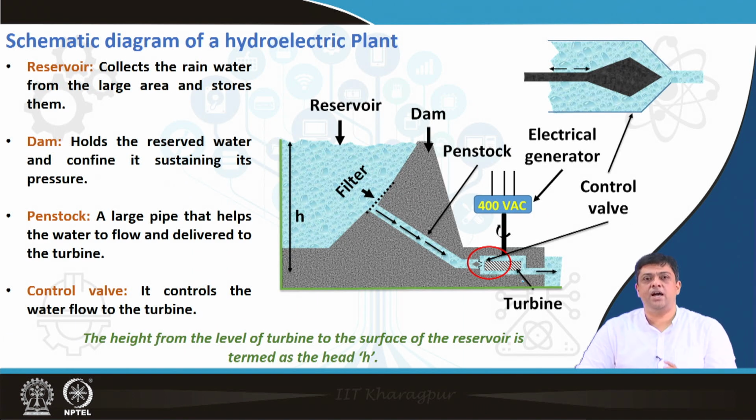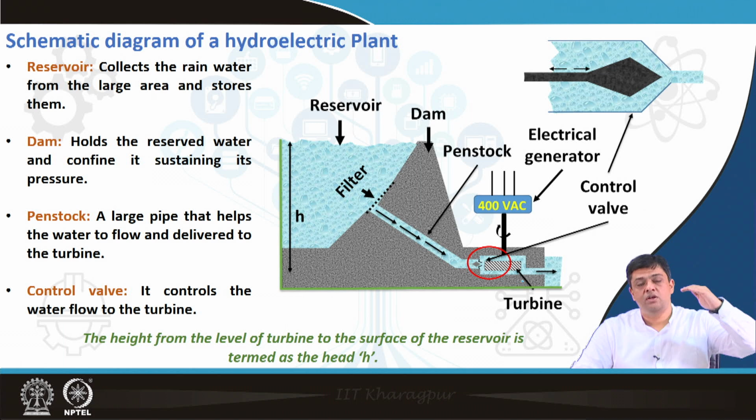So, this is a typical construction of a dam. The first thing which you know about the dams is that they are constructed in the path of the rivers which are flowing from height towards the plain.